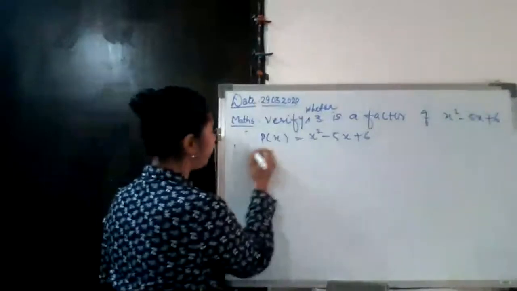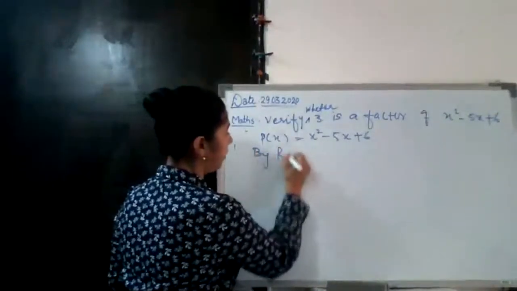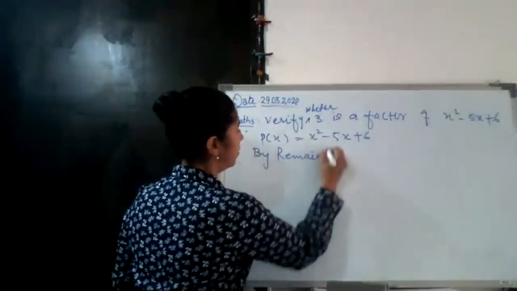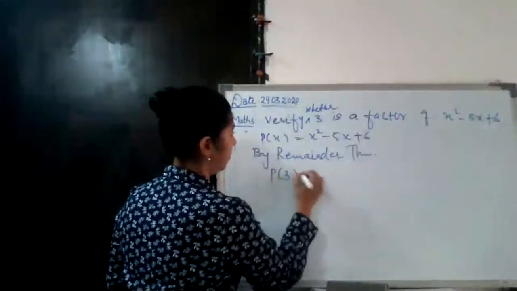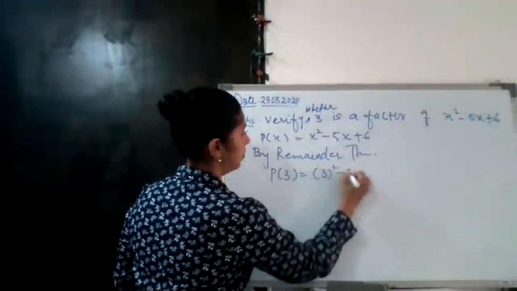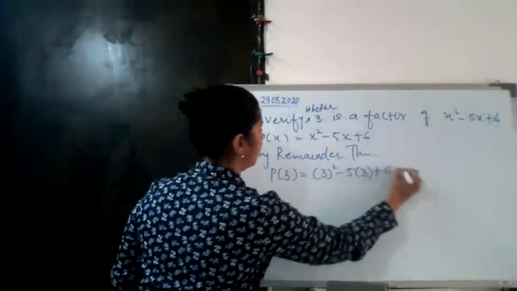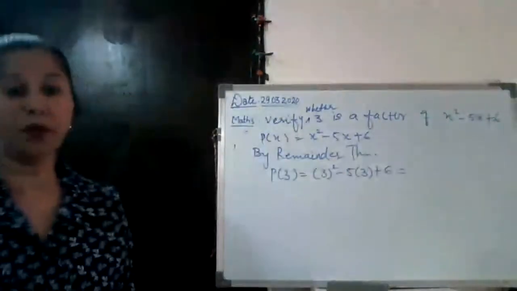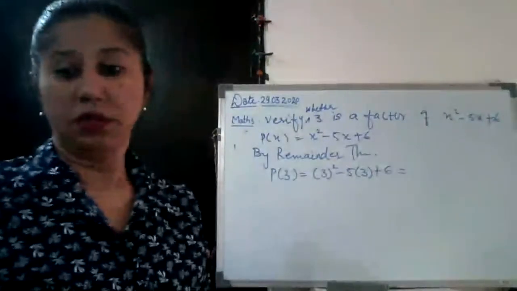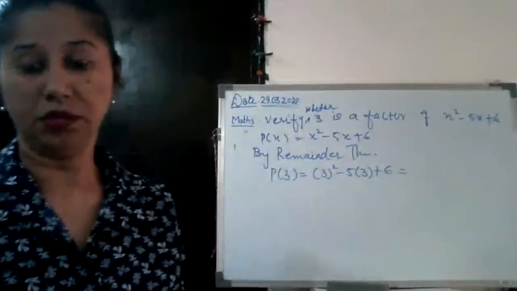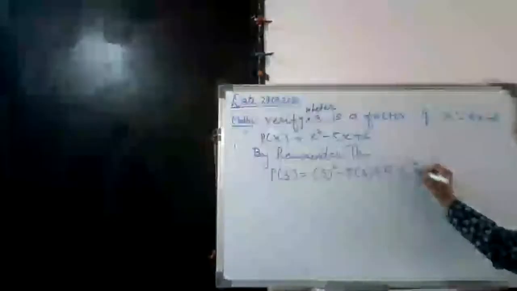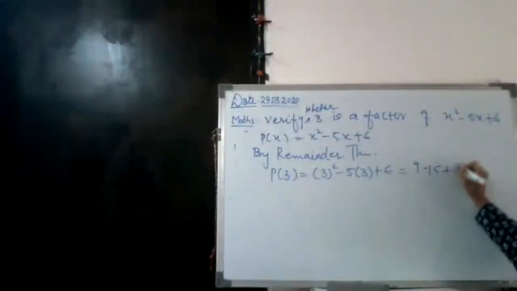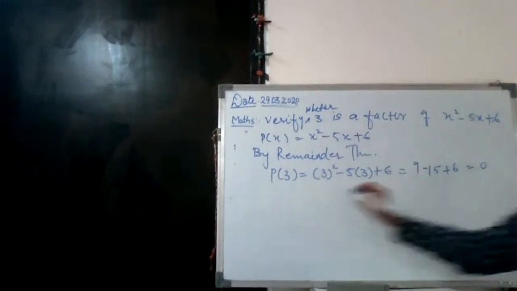So by remainder theorem, check the comments. What would be the value? So it is 9 minus 15 plus 6. So it is 9 plus 6, 15, minus 15. This is 0.